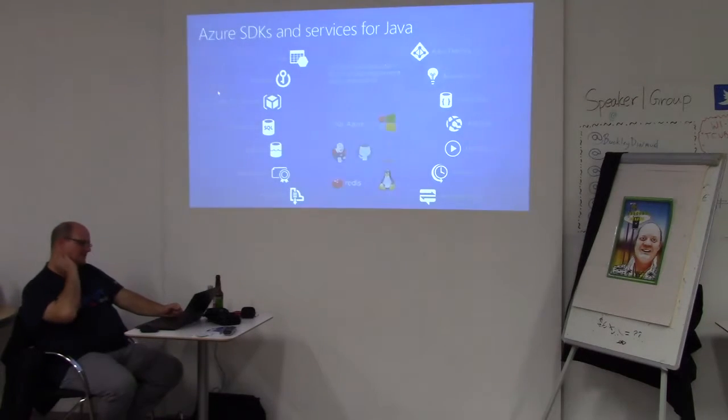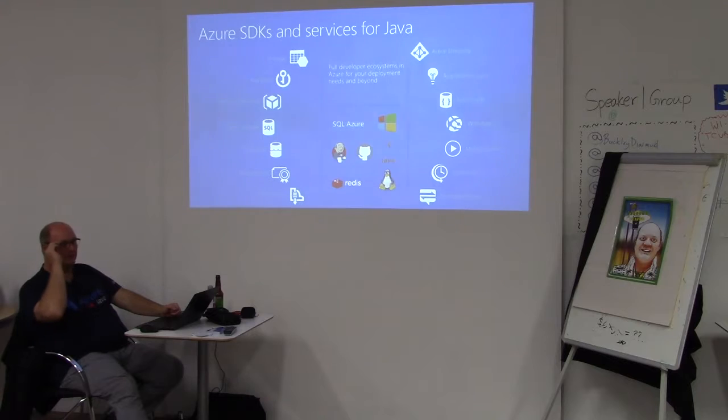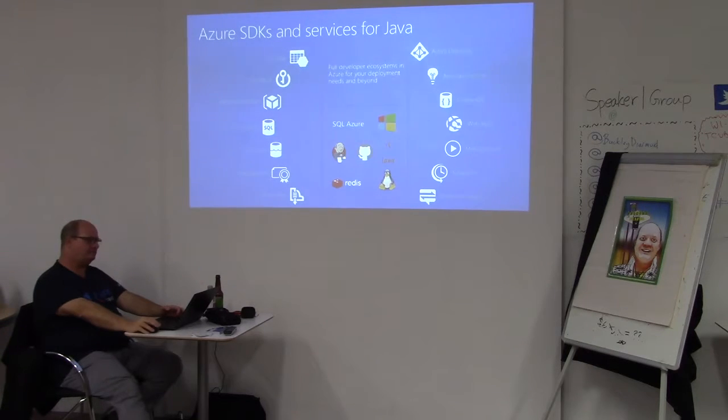So the other thing is, the question is, okay, so you got the code out there, how do you actually enhance it? Well, we have a bunch of tools that we built to help you enhance your code that's already running, maybe on premise or on the cloud. And to do that, you can use our SDKs, our software development kits.